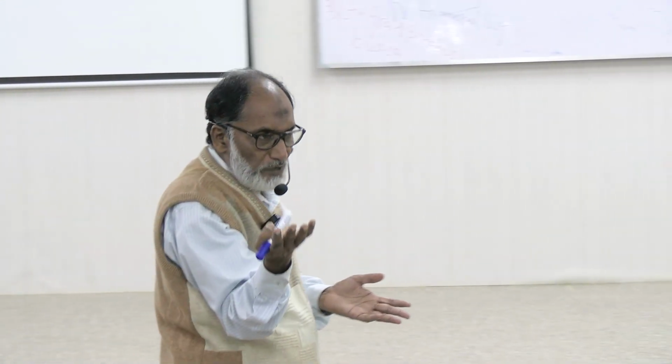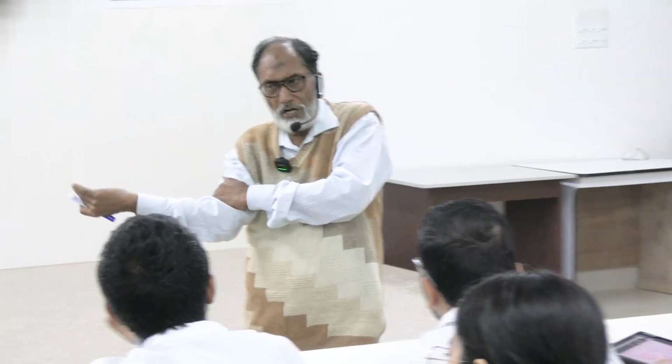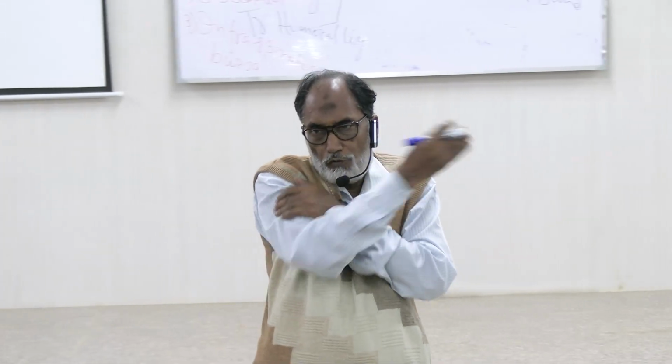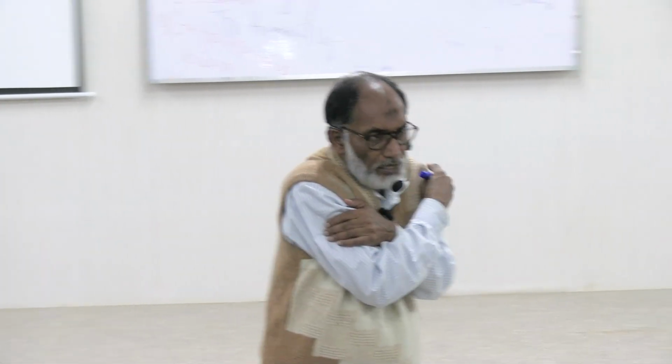This is called the Kocher maneuver. Kocher is the name of a foreigner. First you will pull, then externally rotate, then adduct, and then move the forearm like this. If you follow this procedure, it will be easily reduced.